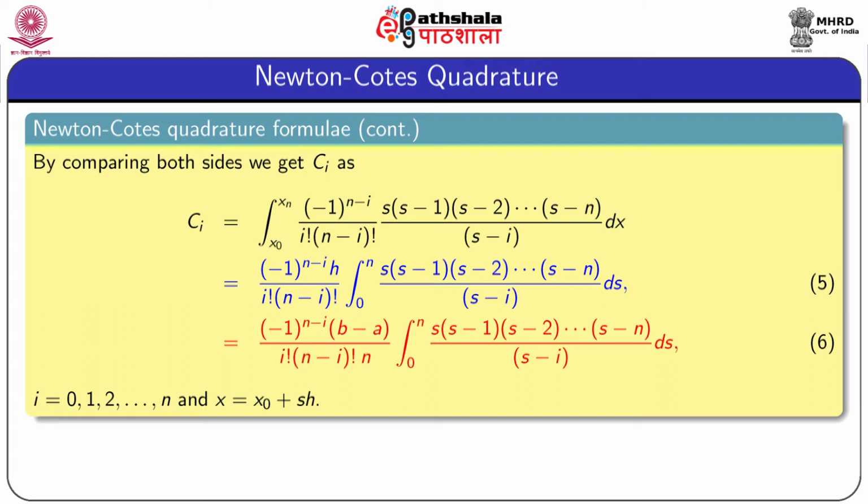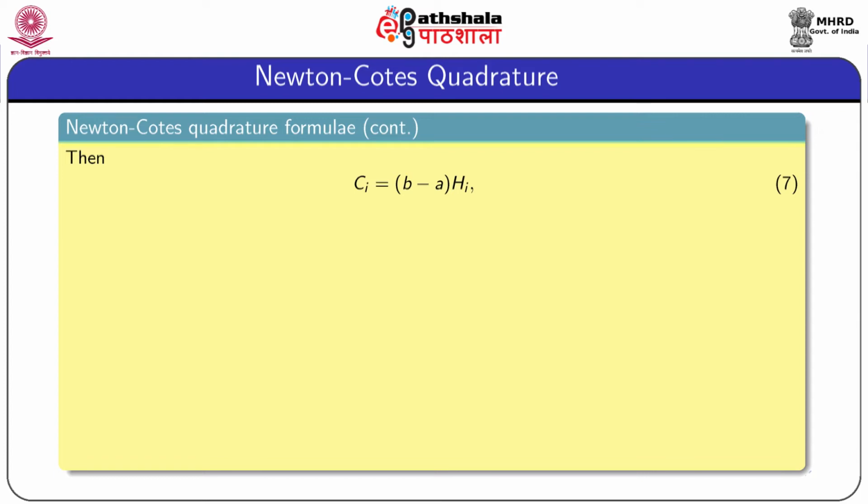The terms free from s are taken out of the integration, and the quantity h is replaced by (b minus a) by n. So this is the coefficient ci, the constant ci, written in the approximate form of the Newton-Cotes quadrature formula, and this ci is calculated from equation 6 for all i equal to 0 to n, where x equals x0 plus sh.